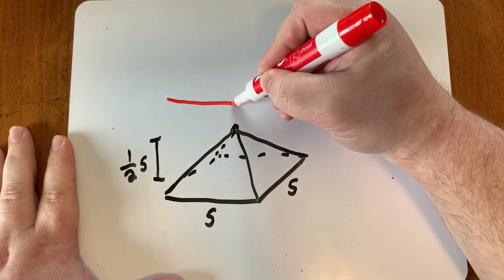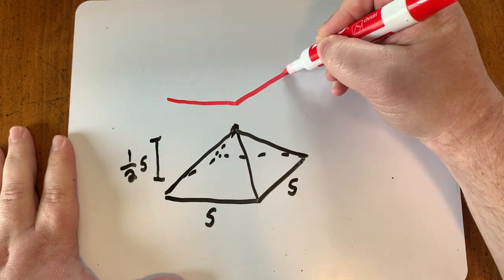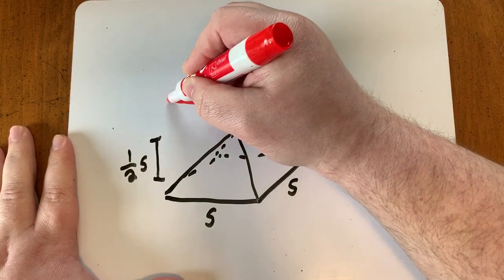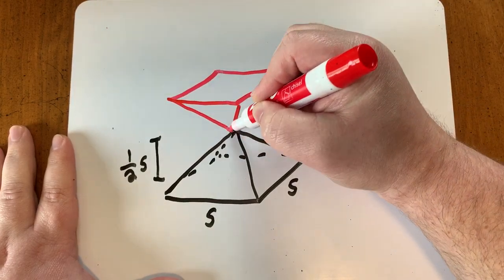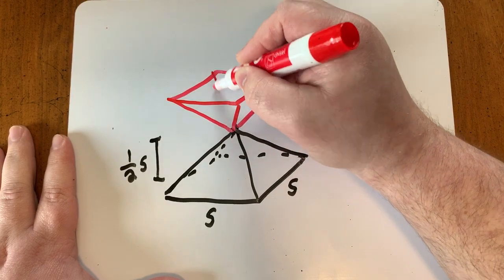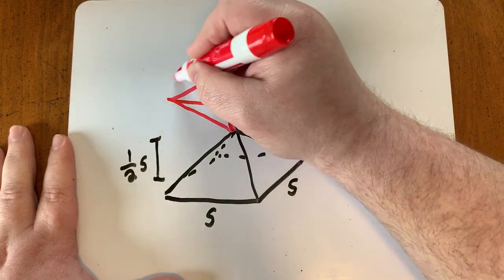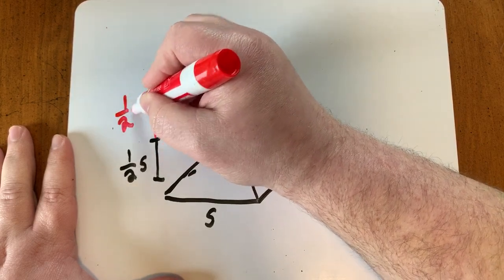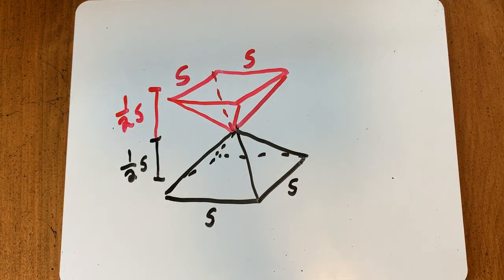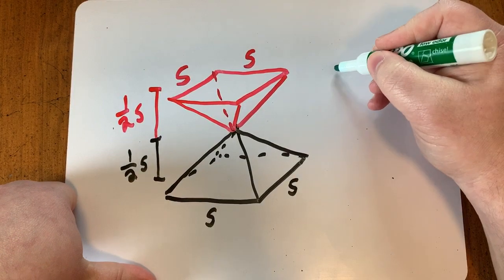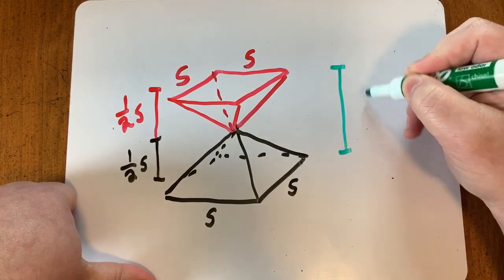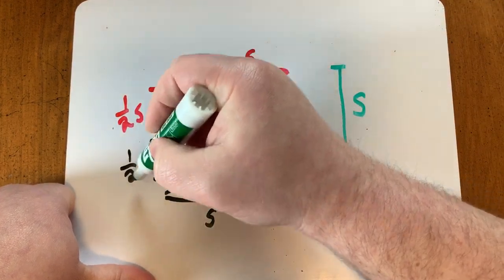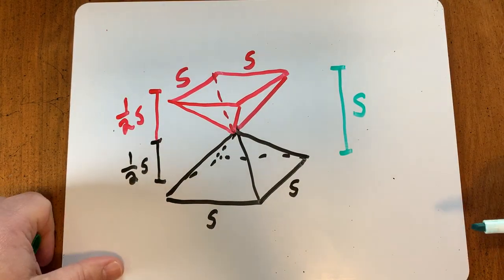So we've got a pyramid above, with side S by S, and the height of this one is 1/2 S. So that means this total height is S. If it's 1/2 S and 1/2 S, the total height is S.